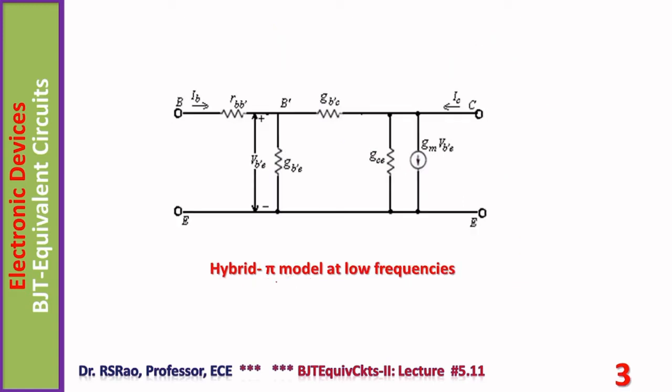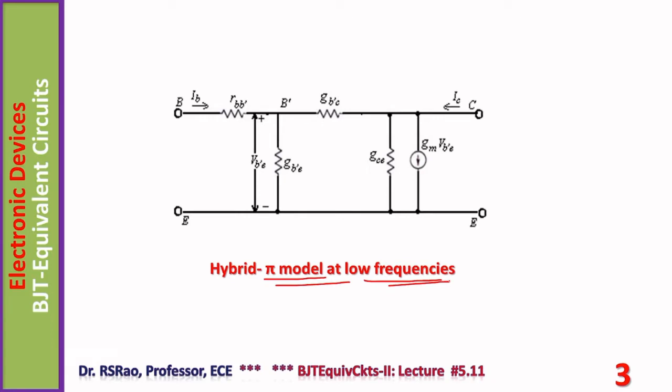Here is shown another pi model. This is valid at low frequencies. The earlier one shown in the previous slide is valid both at low frequencies as well as high frequencies. But the circuit shown here in this slide is valid only at low frequencies. One can notice the difference between this circuit and the previous circuit. Both are pi models.